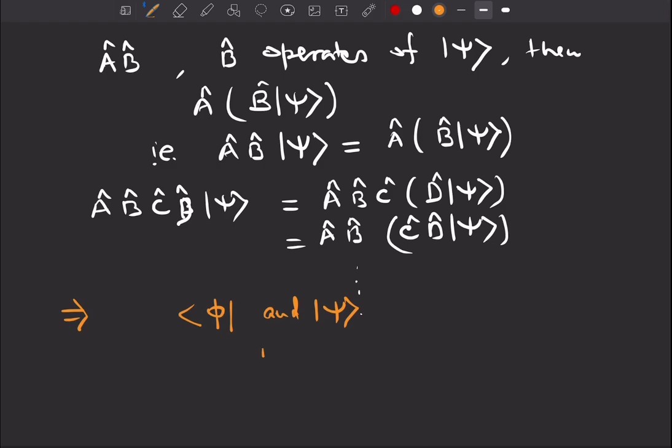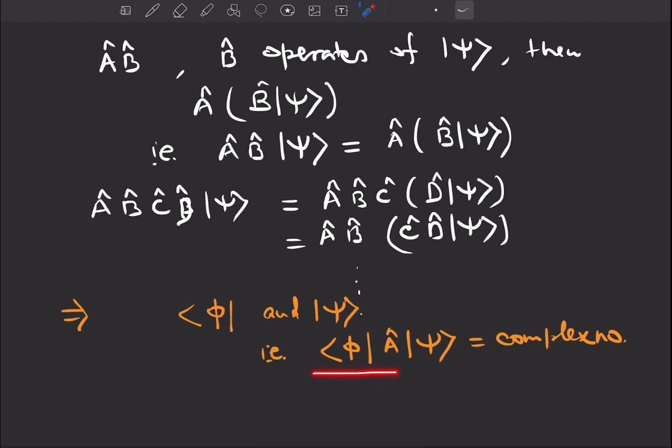That is, bra phi, operator A, ket psi gives a complex number. The quantity bra phi A ket psi can also be purely real or purely imaginary, but in general it is complex. Now we will learn about linear operators.